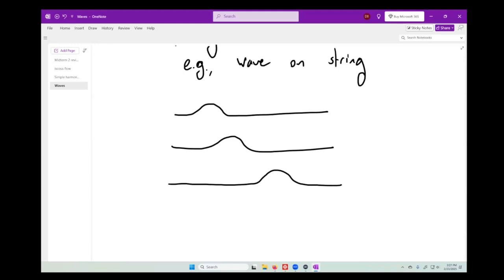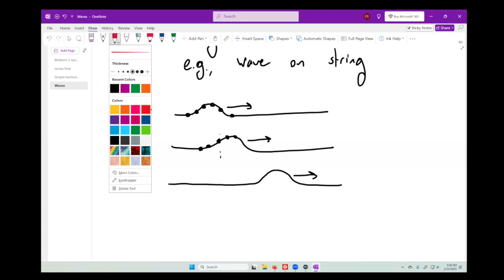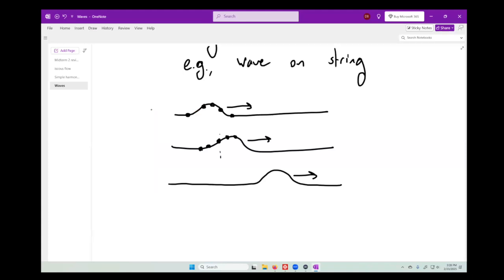The wave is this pulse. It's this collective thing that is moving horizontally along the string. But notice the particles in the string, if we were to zoom in on the atoms in the string, they're not moving left or right. They're only moving up or down, right? So, if you focus on one particle, let's just say like this one here.